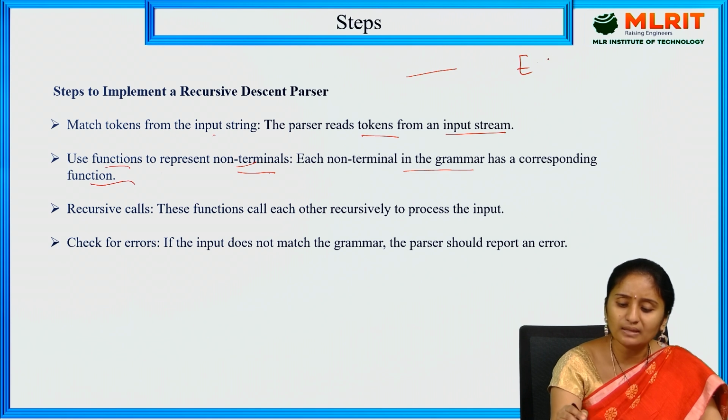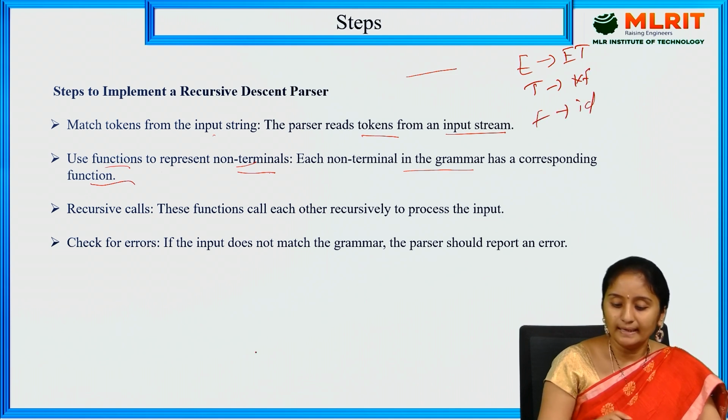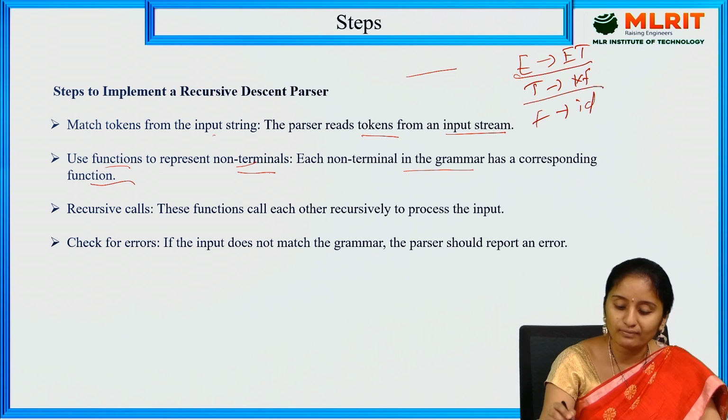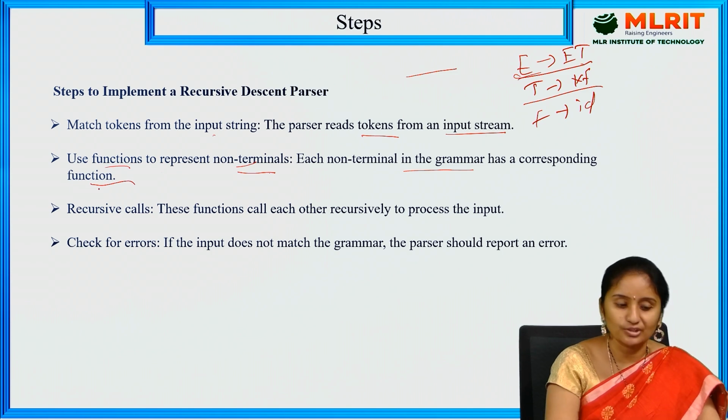A grammar has some productions, for example E tends to ET, T tends to star F, F tends to ID. Each production is going to have one procedure. Each non-terminal has one function.